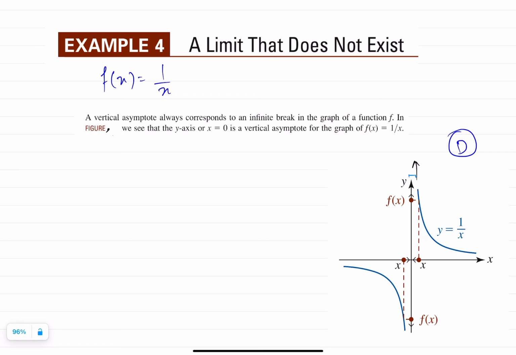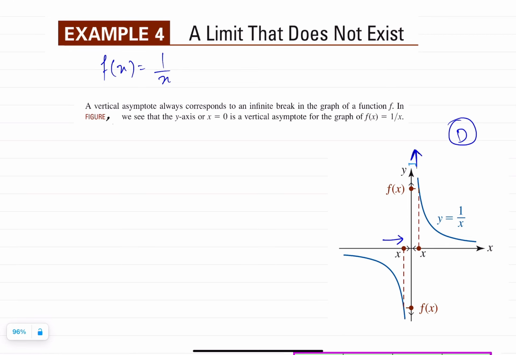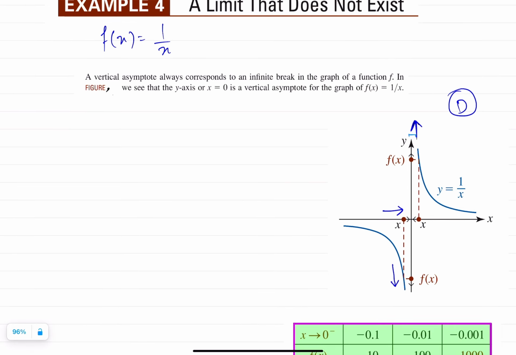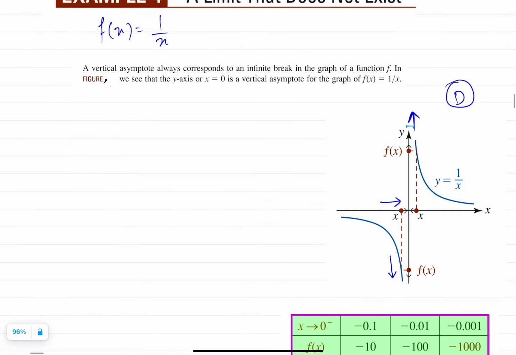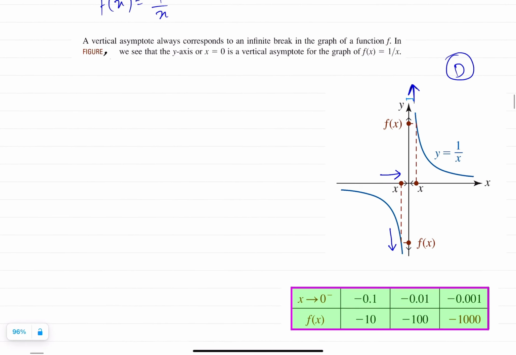Graphically, near 0, from the right hand side we are getting some positive value, and from the left hand side we're getting some negative value. Here in the graph we can see the limits from the left hand side and right hand side are not equal. They're different.